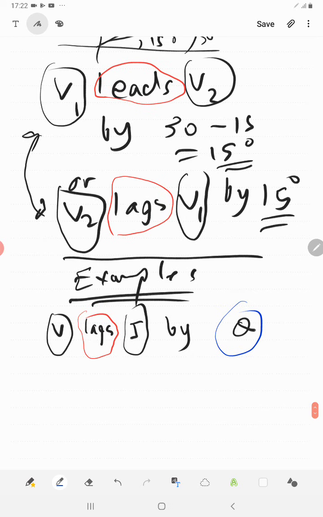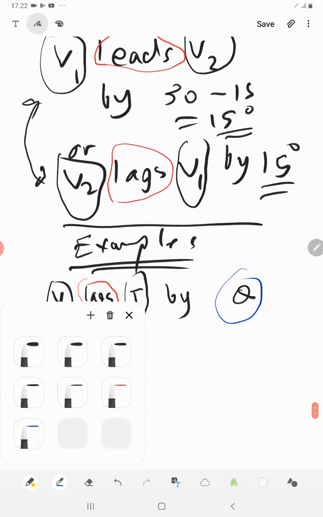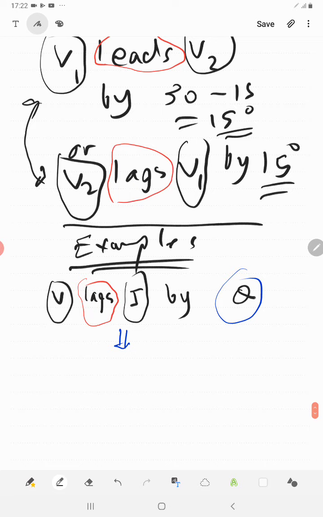The same meaning is obtained if we say I and V, swapping V and I. This is one operation.